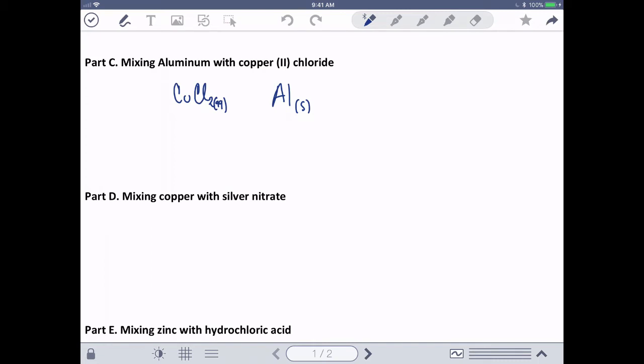In a chemical reaction, we depict the combining by using a plus sign. So copper chloride plus aluminum means that copper chloride reacts with aluminum, and the arrow you can read as "to produce."